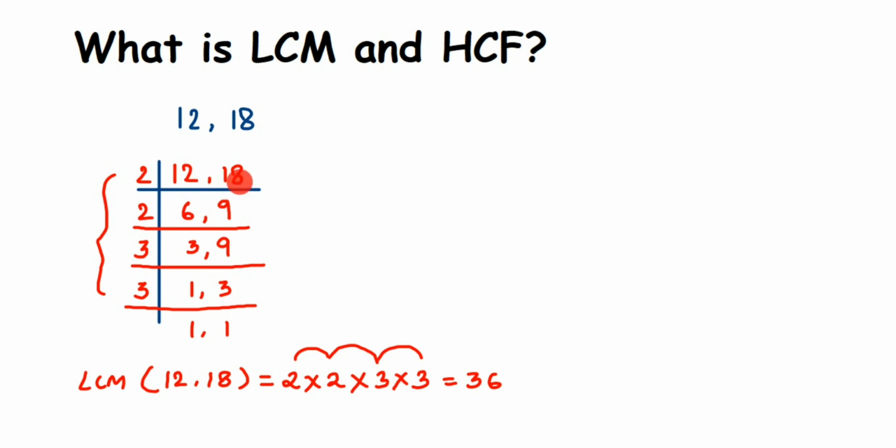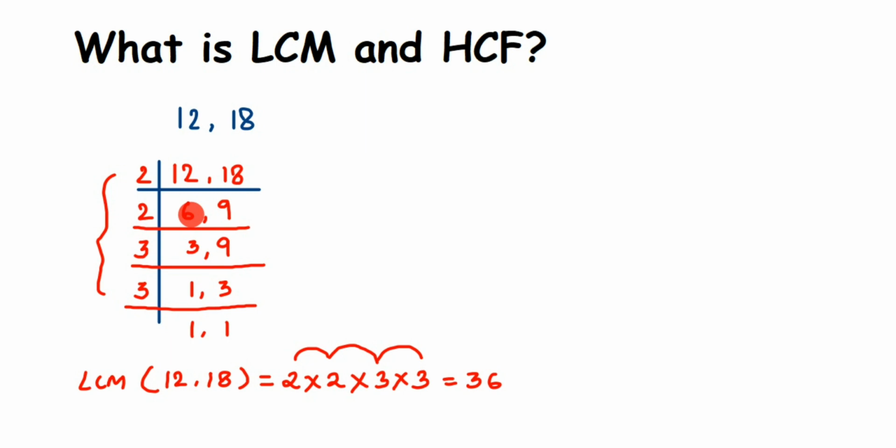Now how to find the HCF of 12 and 18? For HCF also you can do the prime factorization together, but that method can be a bit confusing, because if you do both methods in the same way, it may confuse you and you have to understand it properly. So instead, I'm going to use the same prime factorization, but do it separately for each number.